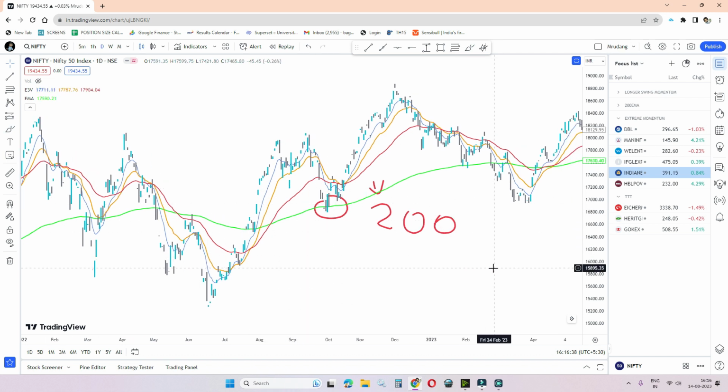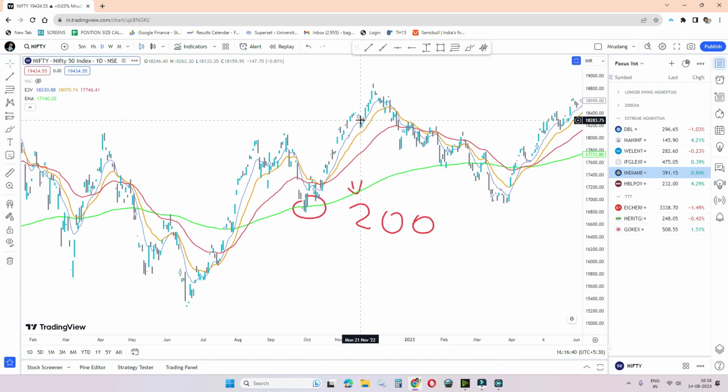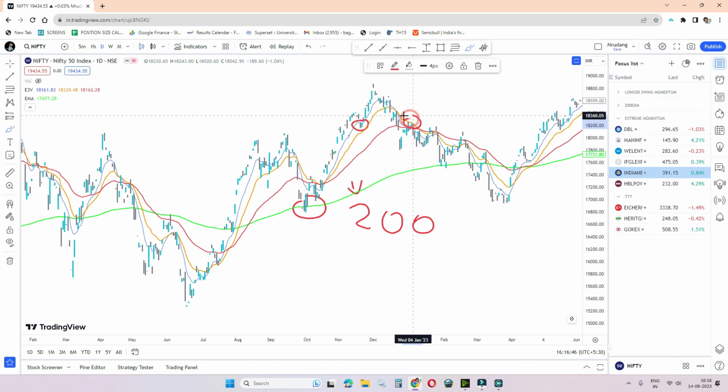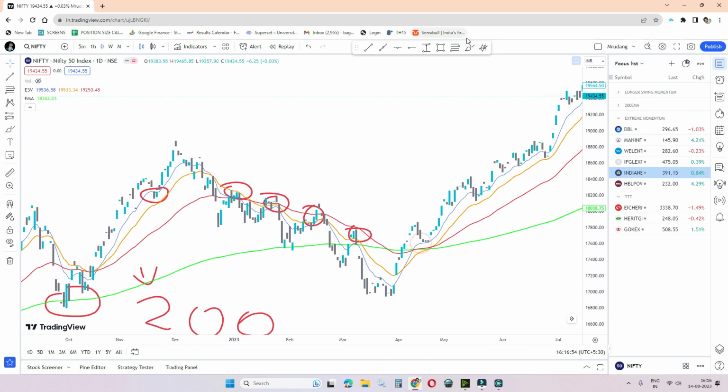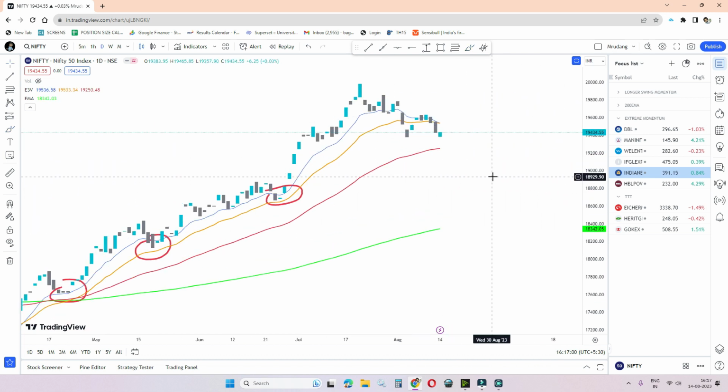Here it found support. When the stock started downtrending, there was resistance near the 50-day, 20-day. Here, support. See how these moving averages are key levels for any given instrument in the market.